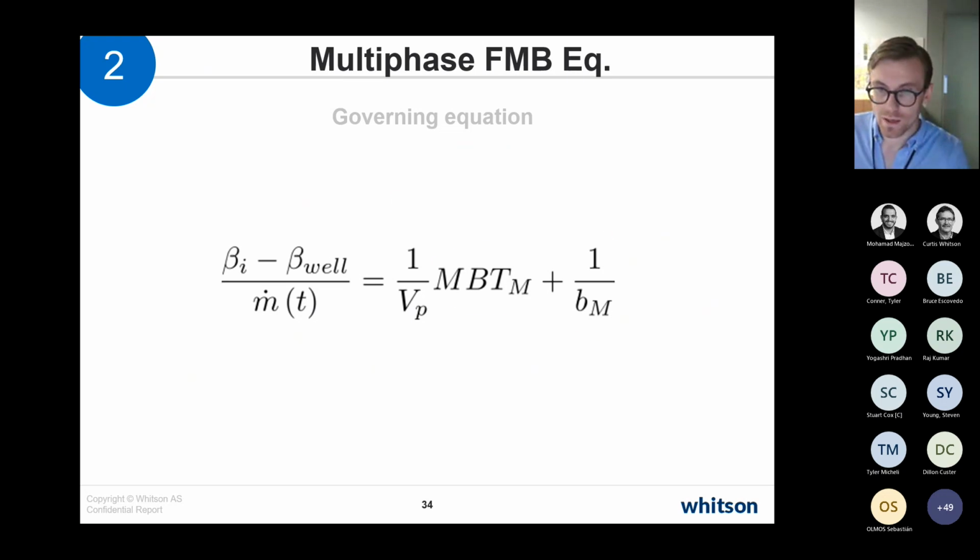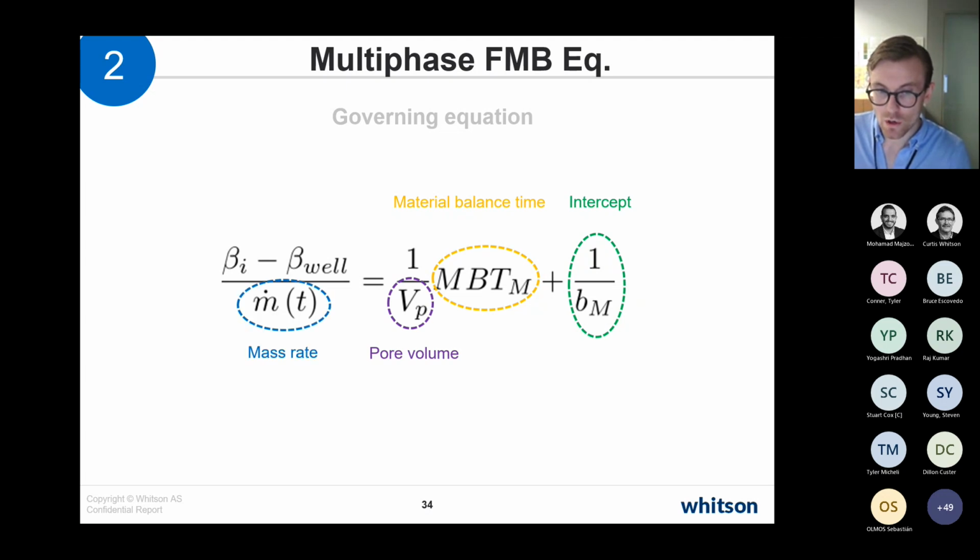It's an intercept, it is material balance time, it is a pore volume, and then this term is mass rate. So basically you converted all gas and water into mass, and you just sum them up together, easy. And then this thing is probably the most abstract for people. It's what we call mixture density, and then mixture density change, actually.